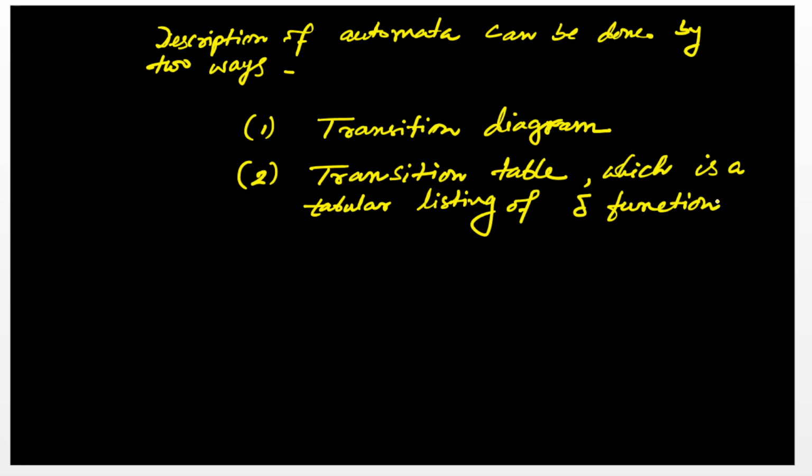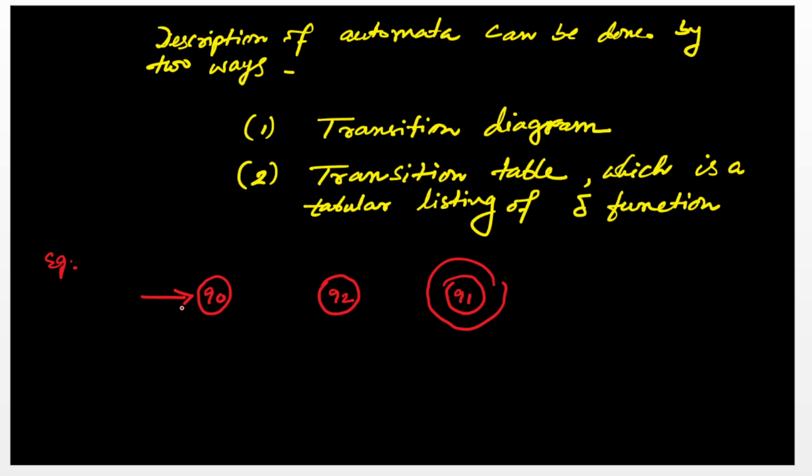Now I will give an example. Suppose we have a transition diagram like this. Suppose it has Q naught, Q2 and Q1. This is an incoming arrow, the initial state.